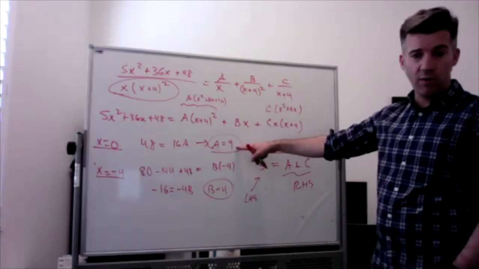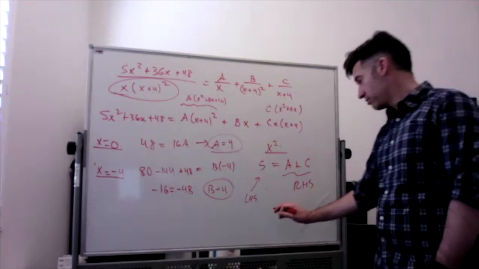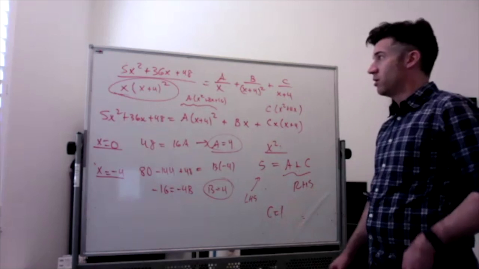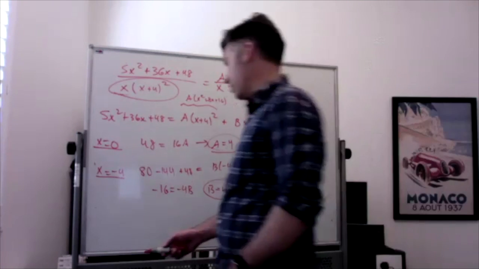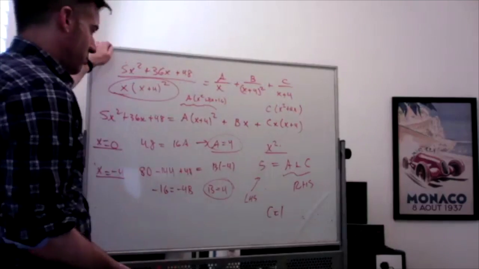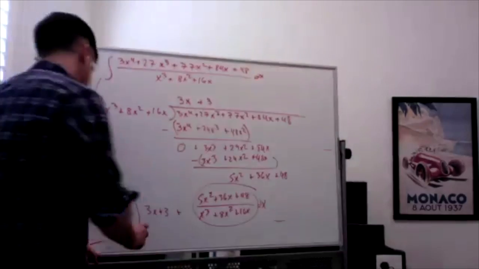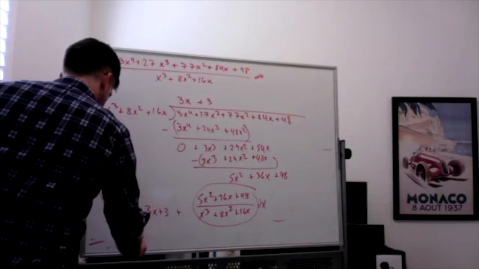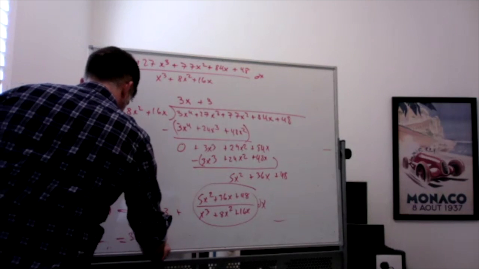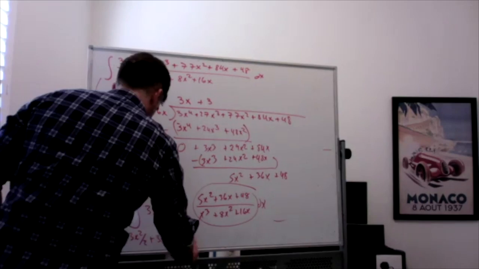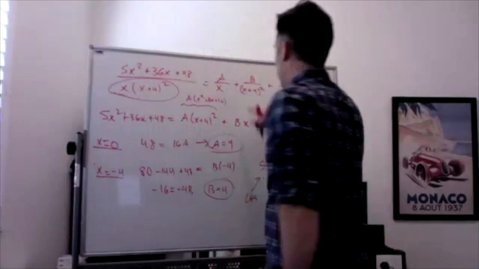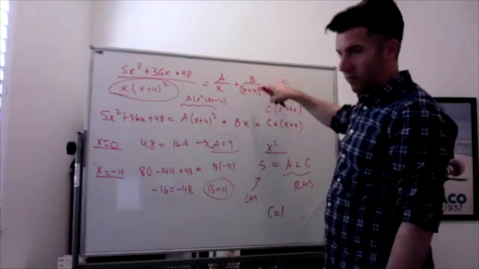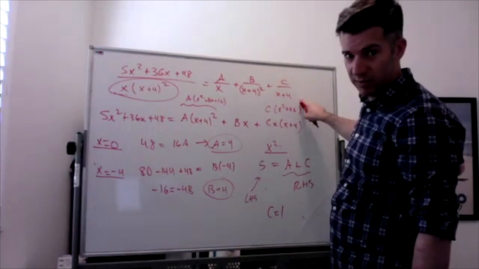But a is equal to 4, so c has to equal 1. Whew. So then this integral here would be 3x squared over 2 plus 3x plus the integral of 4 over x plus 4 over (x plus 4) squared plus 1 over (x plus 4).